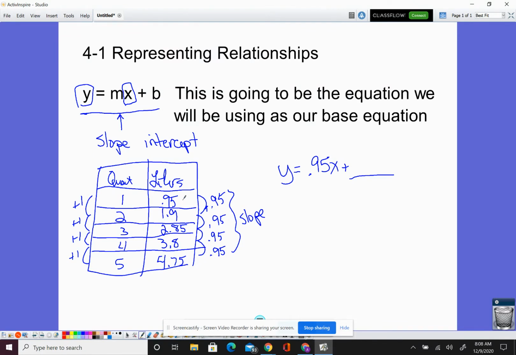If I go one more step and talk about 0 quarts, subtract 0.95, I get 0. This 0 right here tells me that I'm on the y-axis. So this 0, when I go backwards, is the y-intercept.